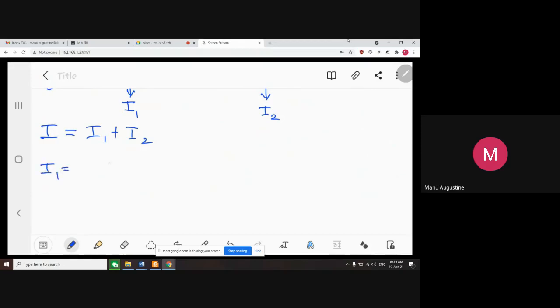I1 is the integral from 0 to 2 pi by omega of k omega y square sin omega t cos omega t dt.